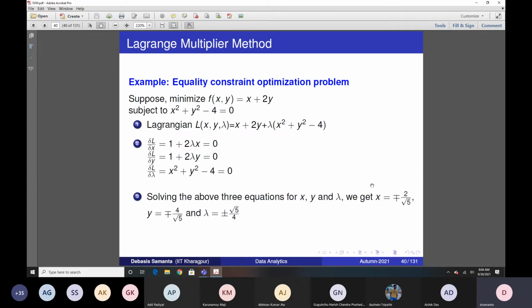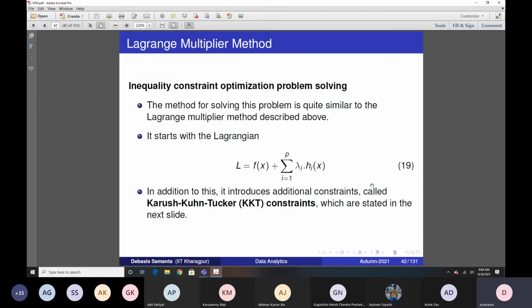To solve this problem, as I told you, there is the Lagrangian method, because our optimization problem comes under inequality constrained optimization problems. We can apply the Lagrangian multiplier method to solve this kind of problem, and we have already explained in the last class the concept of the Lagrangian multiplier method.